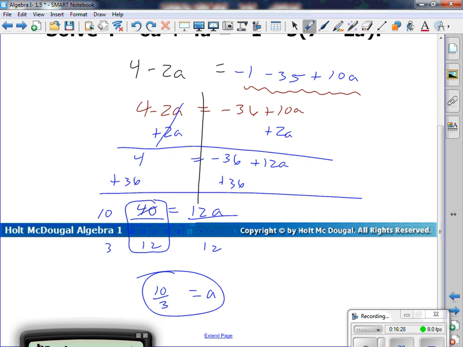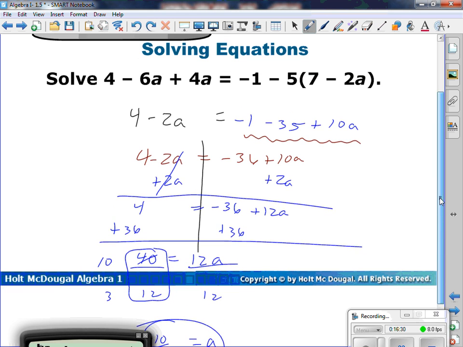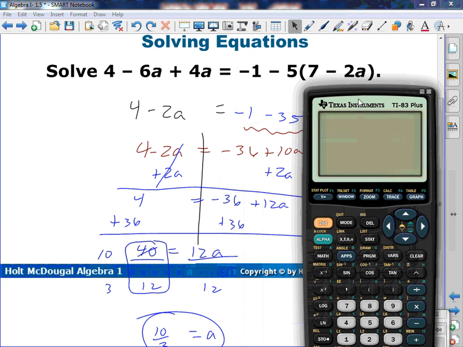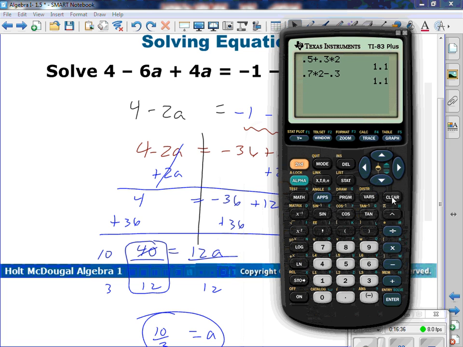And this is probably where you should go in and check to make sure you did it correctly. It might take you a while to type it in, but if you're checking your work, it's worth it. 4 minus 6 times 10/3 plus 4 times 10/3. My 4 didn't come in. Okay, I typed it in correctly.